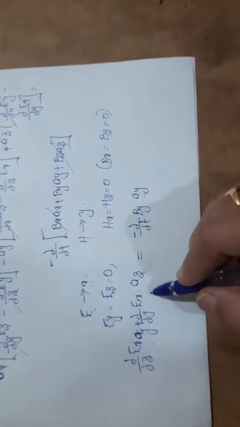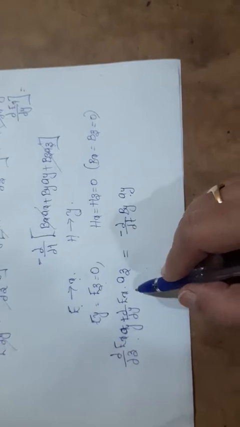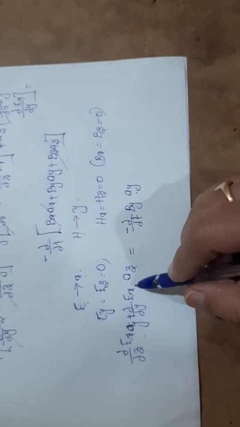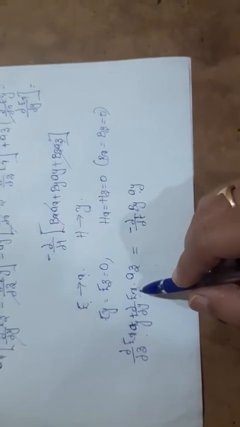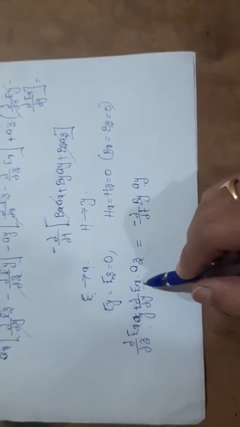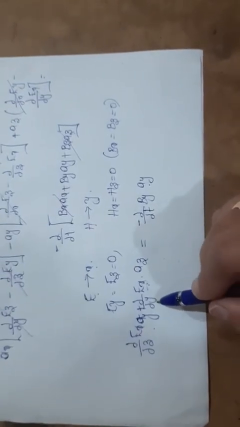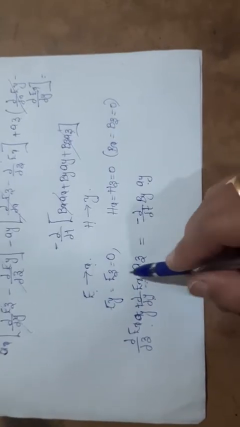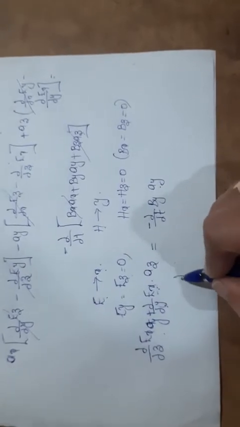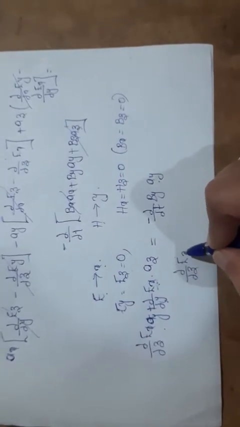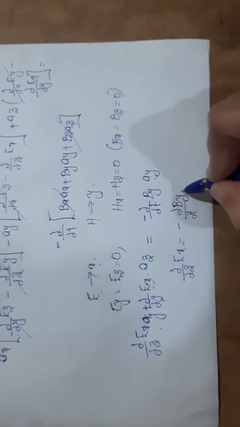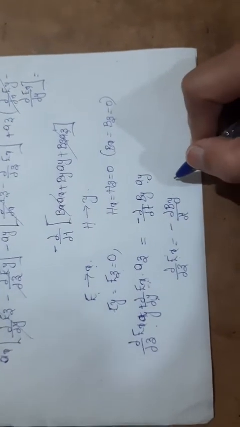This term will become 0 because the electric field is varying along only x direction, and the wave is propagating along z direction. The electric field variation along y direction is not present. So this term will become 0, and we can just compare the Ay terms. I will get dou by dou z of Ex is equal to minus dou by dou t of By.